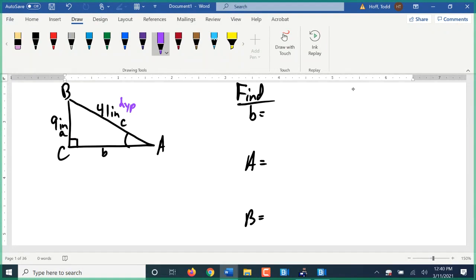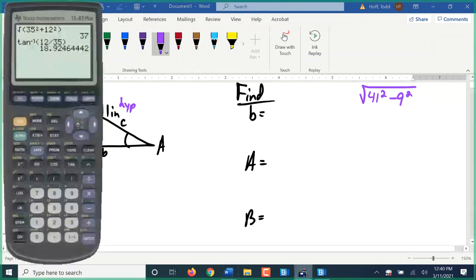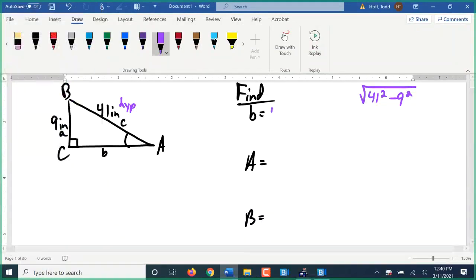So the short way of entering this would be the square root of 41 squared minus 9 squared. The subtraction is because we have the hypotenuse and are working backwards to one of the legs. Second square root, 41 squared minus 9 squared gives us 40. So that is 40 inches.